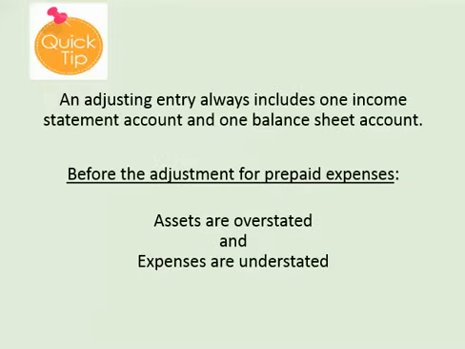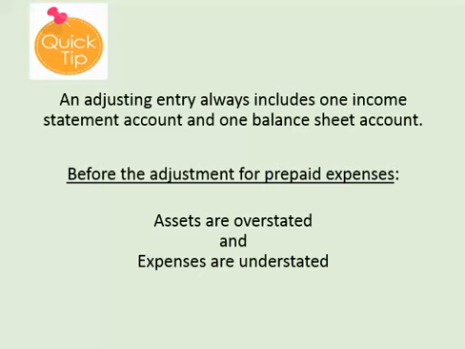Here's a quick tip. An adjusting entry always includes one income statement account and one balance sheet account. And before we make the adjustment for prepaid expenses, our assets are overstated and our expenses are understated.